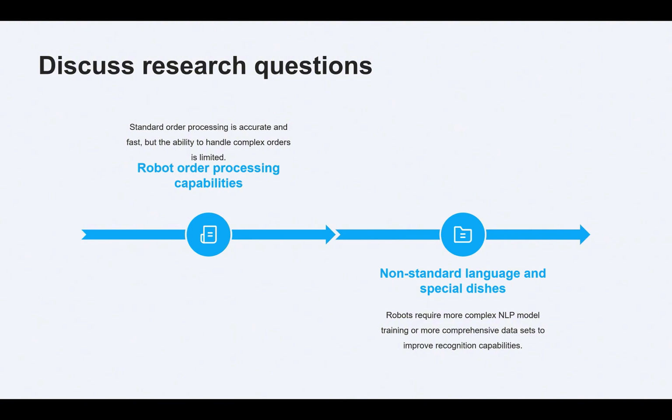However, the bot's performance declined when processing complex orders that contained non-standard language or uncommon dish names. This situation often requires more complex NLP model training or more comprehensive datasets to improve the ability of accurate recognition.